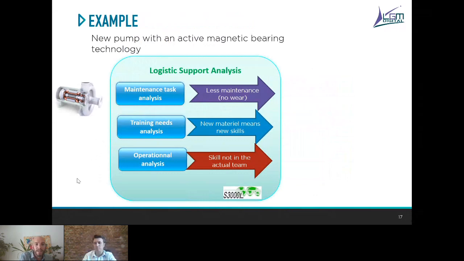Another analysis, the training analysis: we can say we have a new material, so that means we need new skills to handle that material. And another analysis, the operational analysis, will identify that this new skill is not in the actual team, so we will need a training.